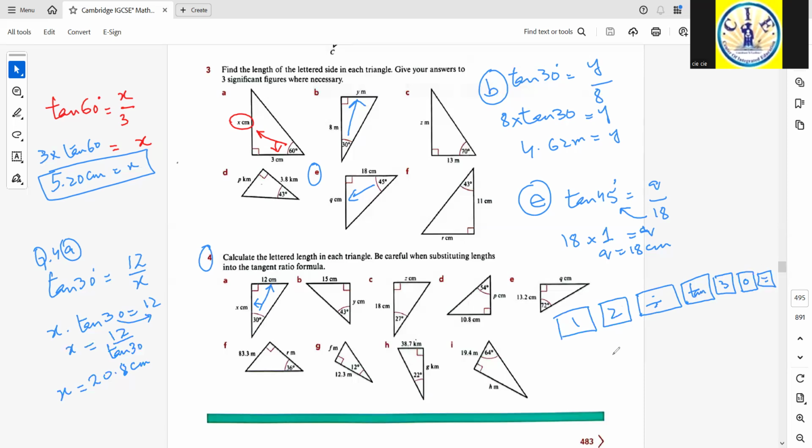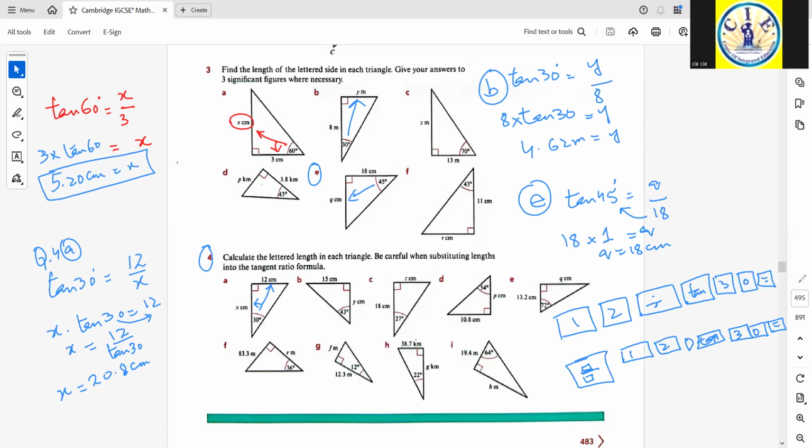Or what you can do is press the fraction key, then press 1, then 2, and then using the down arrow key, in the denominator you would press the tangent key, then 3, then 0, and then equals to. That will give you the required answer.